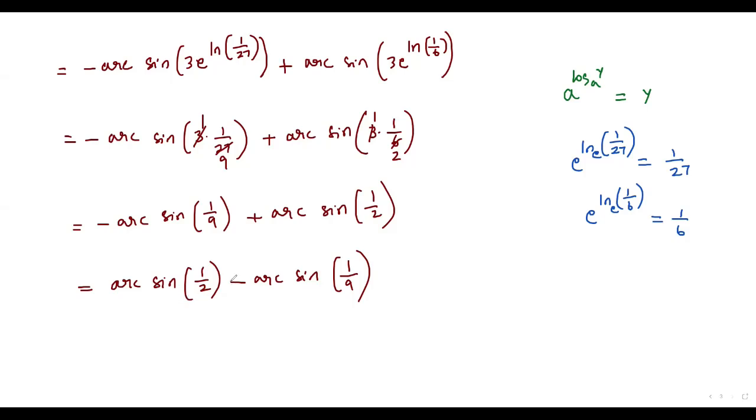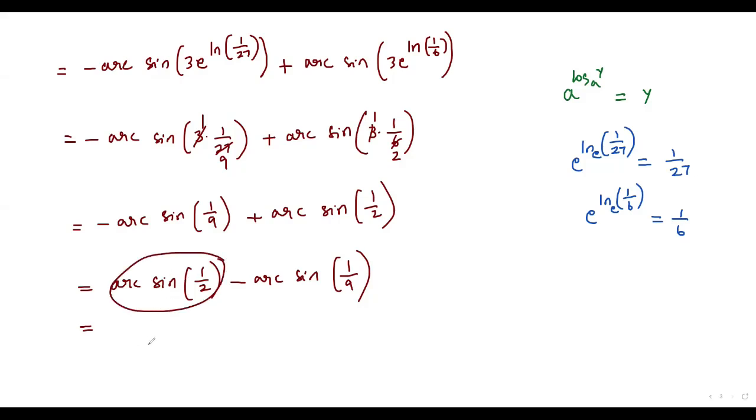Usually we don't consider degree as a real number because it's a unit of angle measure. When we keep our calculator in radians mode, the value we get for this expression will be a real value. When we evaluate a definite integral, the result has to be a real number. So when I want to evaluate an expression which contains inverse trigonometric functions, we always have to keep our calculator in radians mode.